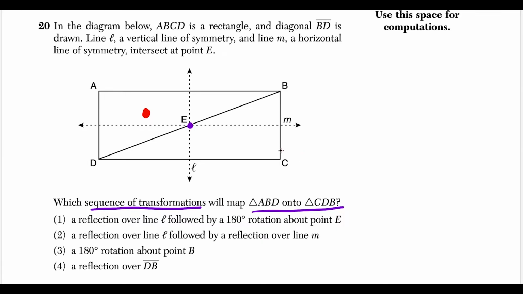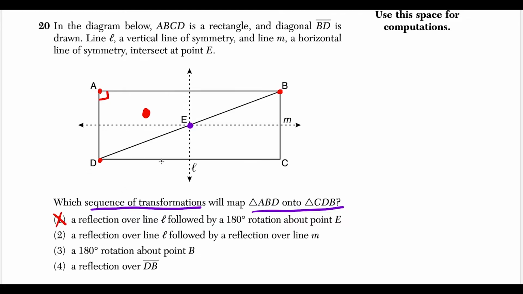Well, the point to pay attention to is point A. So if point A were to reflect over line L, that would put it at B. But now if we were to rotate this, and be mindful, this is the right angle. If we rotated 180 degrees about point E, that would put the right angle at this location. But notice the right angle is at point C. So that's how I know choice 1 is out.